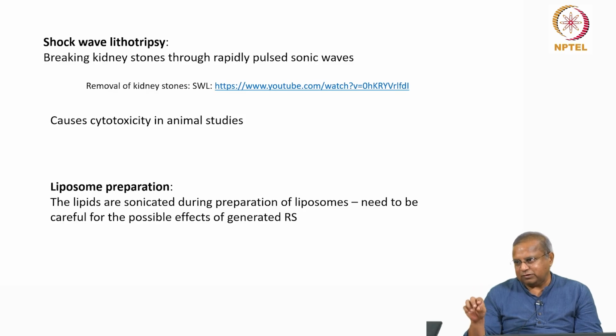It is focused and it is done in spurts. It is not a continuous stream. It is done in spurts and at energies that can break the stone but not disrupt the cells. That is definite. They will not get into disruption of cells because that is destroying the basis, right? However, in the range that you use to disrupt the cells, you can generate reactive species.